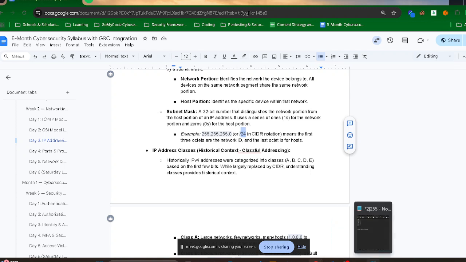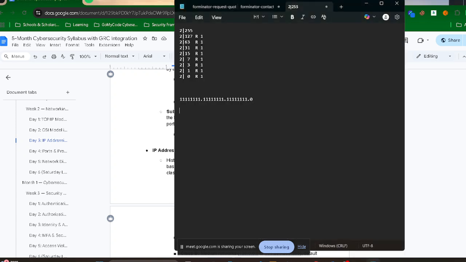If you have something like 255.255.255.0/24, it means that you have 24 ones in this format and others are zero. Do you understand me? 24 ones in this format and others are zero.